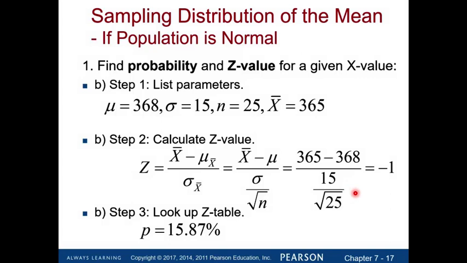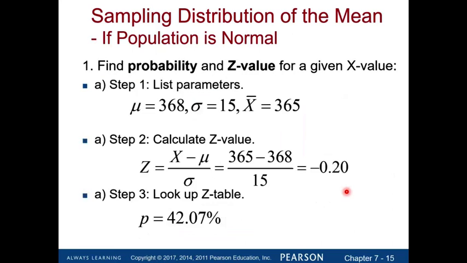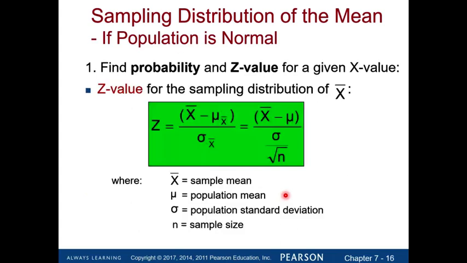If you compare question A and question B, you can see that the only difference between the solutions is the square root of 25. In question A, you do not have to divide by the square root of 25.